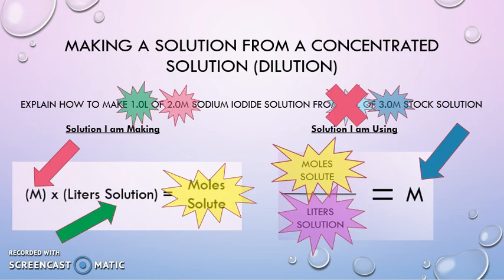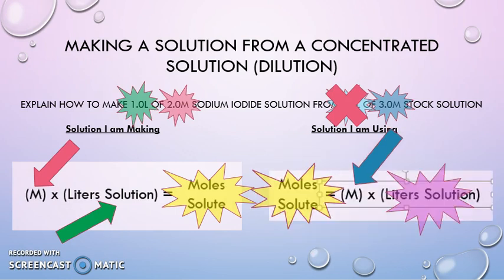We can do the exact same thing for the solution that you're using, the stock concentrate solution. Let's rearrange it a little bit too. Again, the molarity times the liters equals the moles. And remember that that's the one thing that they had in common. The moles from the dilute solution were the same as the moles from that concentrate solution, because that's where they're coming from.